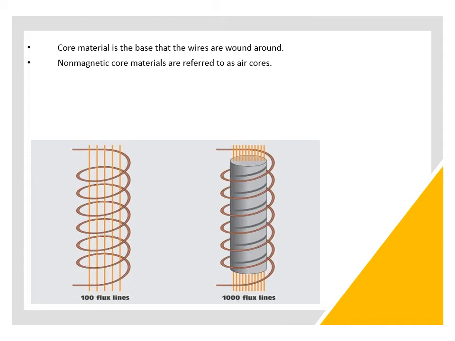If a coil does not have a highly permeable core, we refer to those as air cores. That's because they may not have any magnetic material in the center, and any non-magnetic material is considered the same as air. Often, cores are made from magnetic materials.